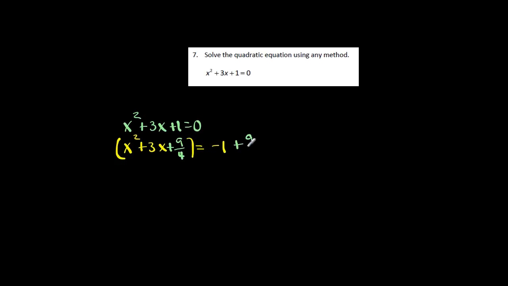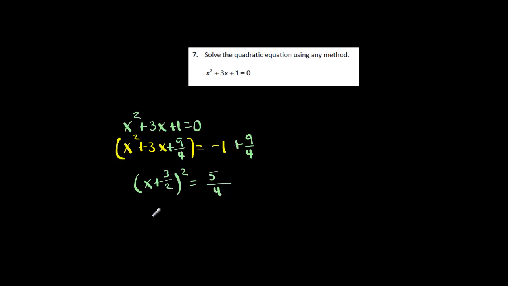So you add 9/4 here. This becomes a perfect square. It's x plus 3/2 squared equals. If I make -1 in terms of 4, it would be -4 over 4. A -4 plus 9 would be a 5. So it would be 5 over 4.